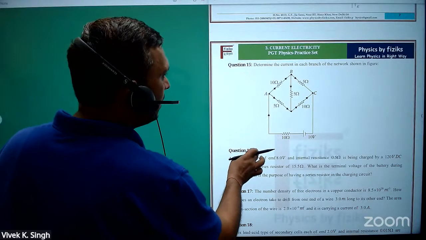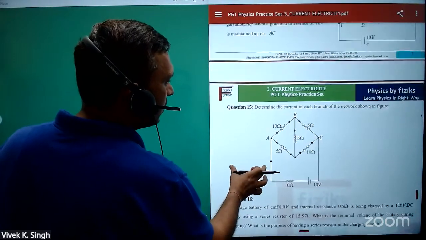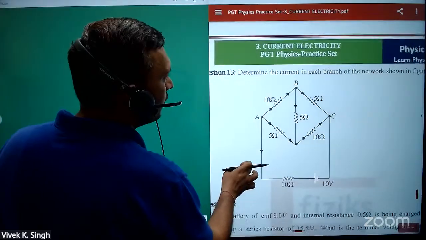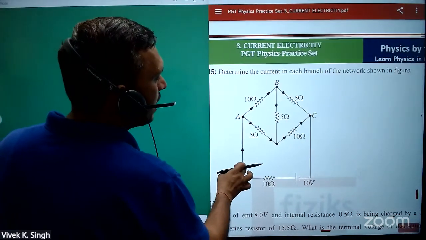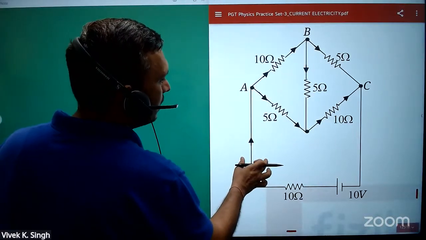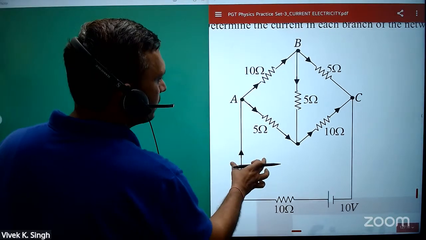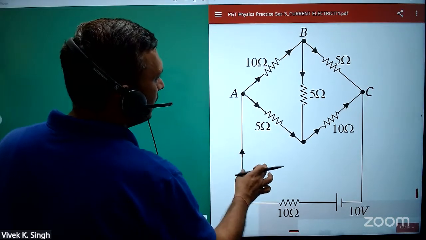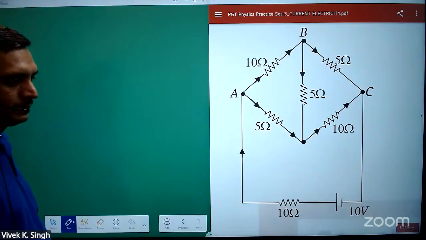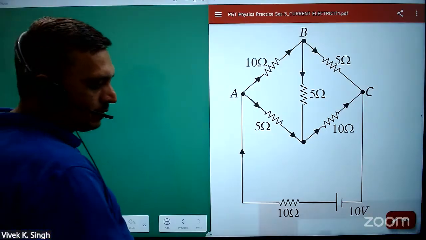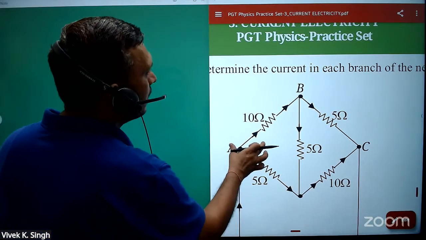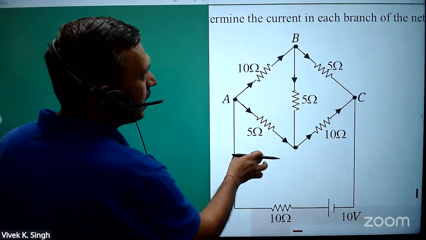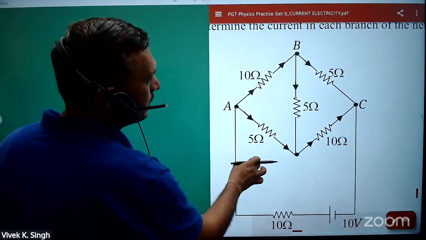There is another question that you have to solve. Determine the current in each branch of this network. Let's see how we will solve this question. Determine the current in each branch of the network.